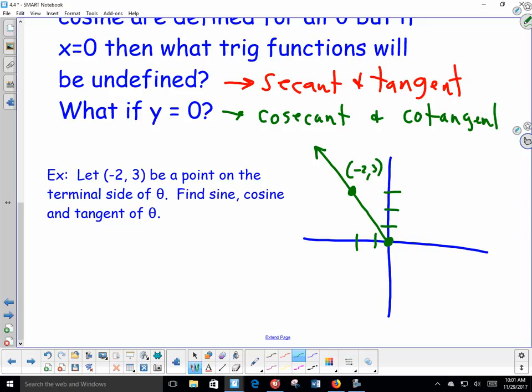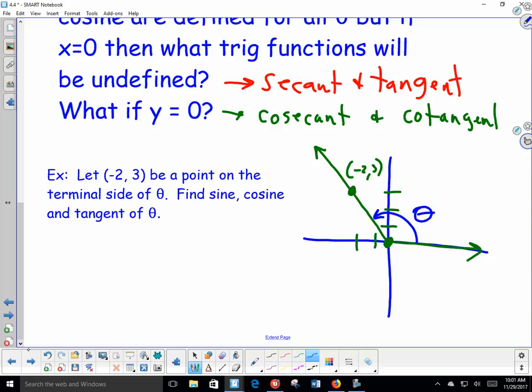Your initial side is always the positive part of the x-axis. So really, we're talking about this angle theta, but in your book, they talk about something called reference angles.